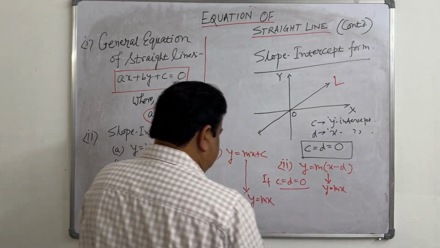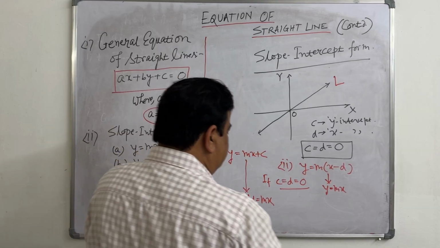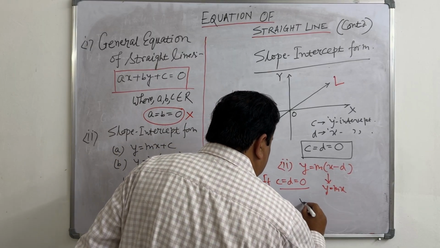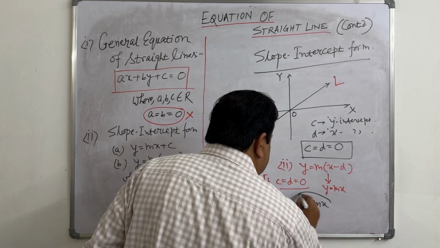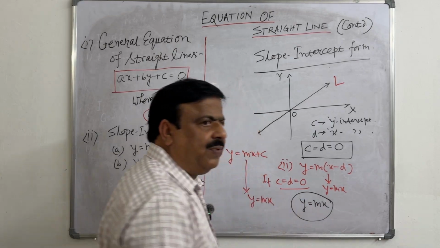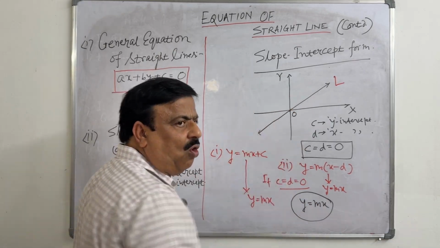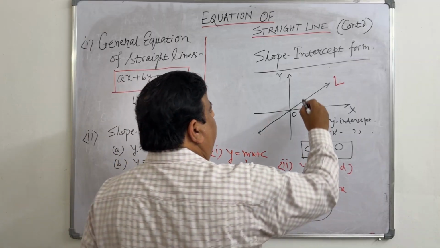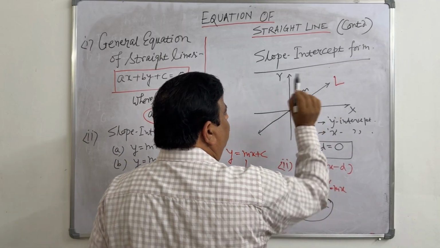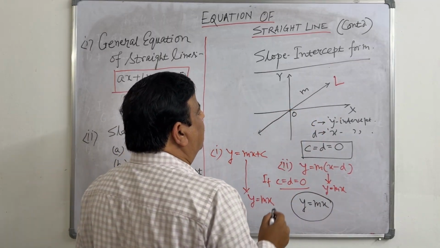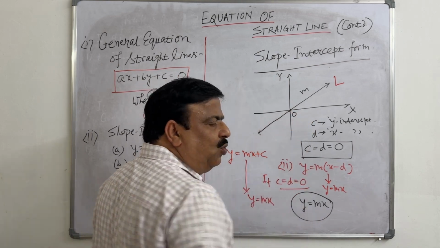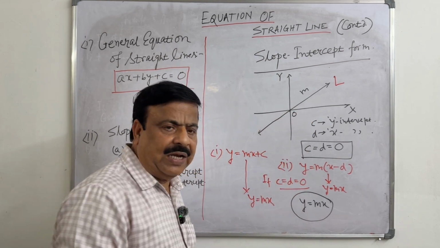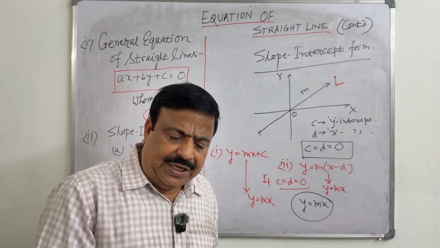So in both cases you are getting the same equation, that is y is equal to mx. So this is the equation of a line passing through the origin, where m is the slope and the x-intercept and y-intercept are 0. Clear? Okay. So let's go to the next topic.